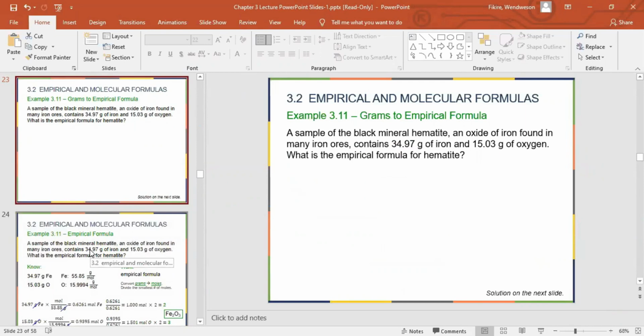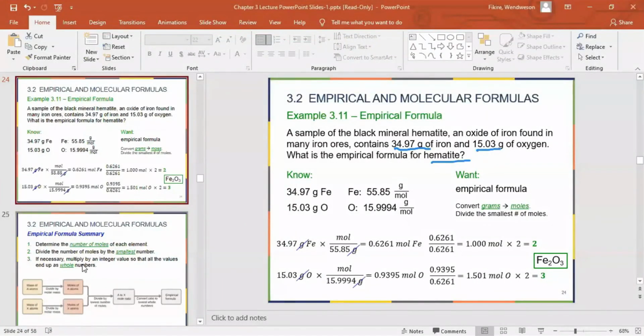A sample of a black mineral called hematite, which is an oxide of iron found in many iron ores, contains 34.97 grams of iron and 15.03 grams of oxygen. Based on this, what is the empirical formula for hematite? This question is already worked out on the next slide, so we can follow the slide here.